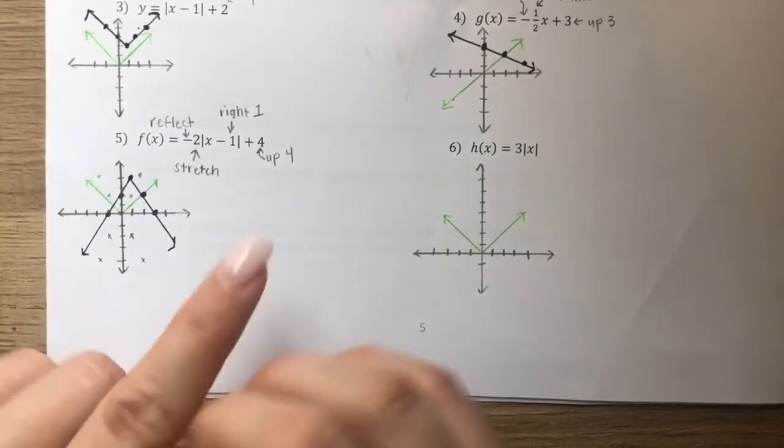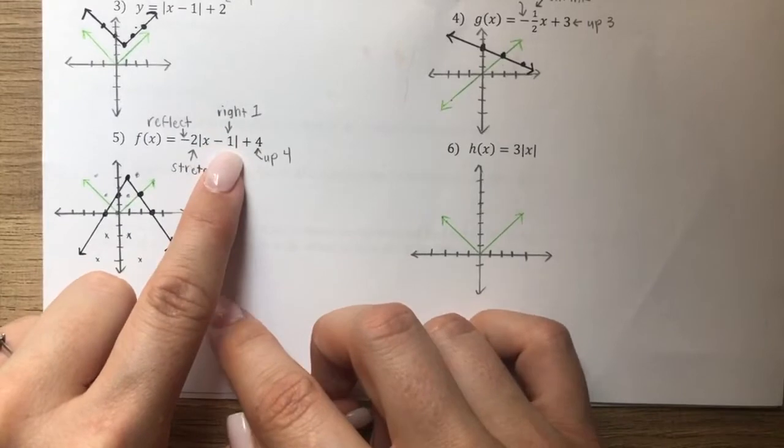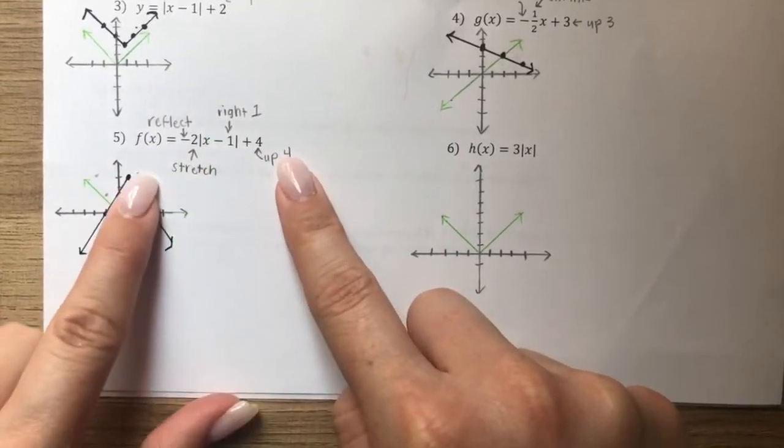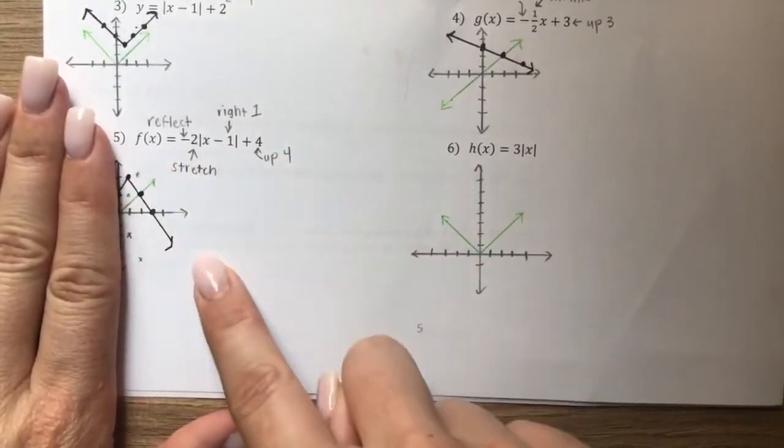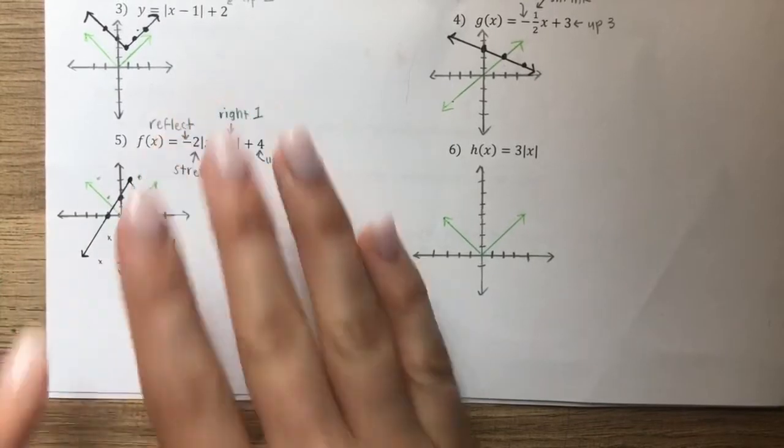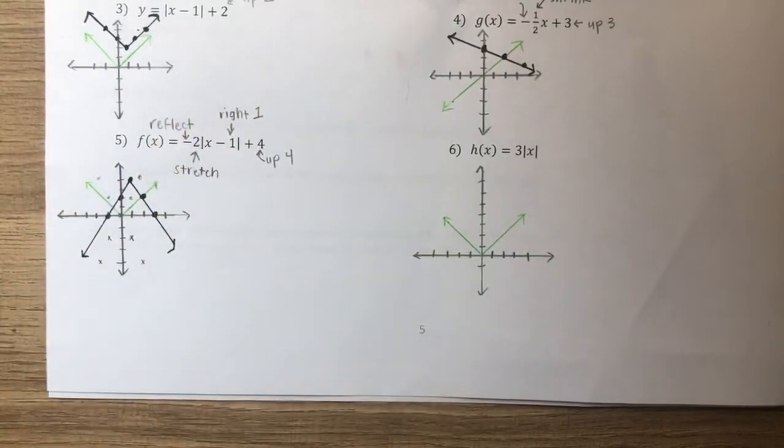So technically I could have shifted the vertex right 1, up 4 like I did here. And then this slope becomes negative 2, this slope becomes positive 2. If you've never done it that way and that feels a little confusing, just please disregard it. Just make sure that you are getting comfortable with stretching points by multiplying the y coordinate, because that will be really important in upcoming chapters.